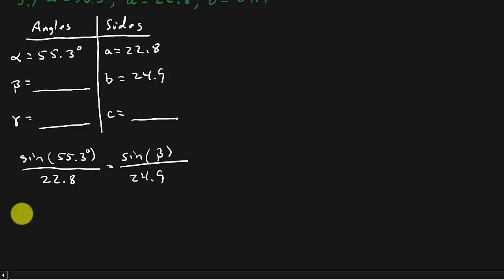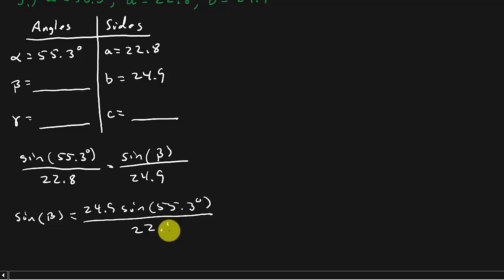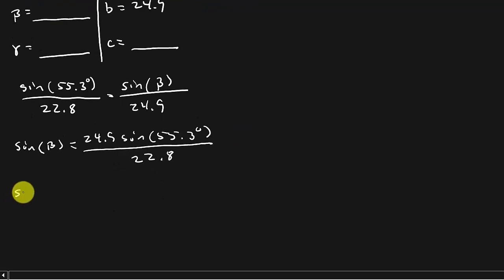All right, so that's going to give me sine beta is equal to, so the 24.9 comes up here, 24.9 times the sine of 55.3 over 22.8. And so that's going to give me sine beta is equal to 0.8978 and so beta is equal to what? 63.9 degrees.